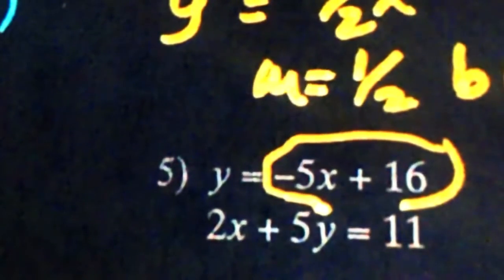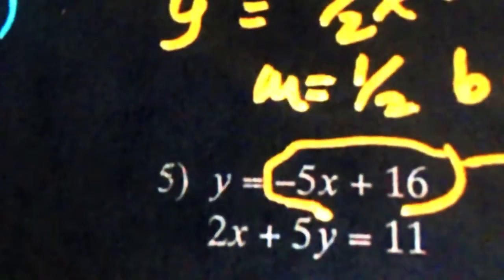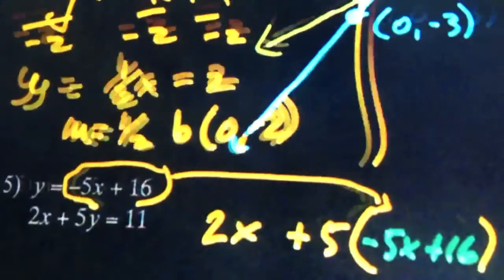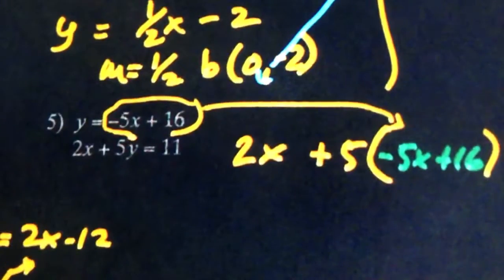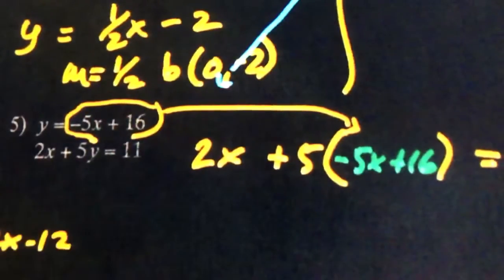Well, we're going to rewrite it: 2x plus 5, now instead of a y, we're going to make brackets, equals 11. And that negative 5x plus 16 is literally going into there to substitute for y. So again, 2x plus 5 times negative 5x plus 16 equals 11.